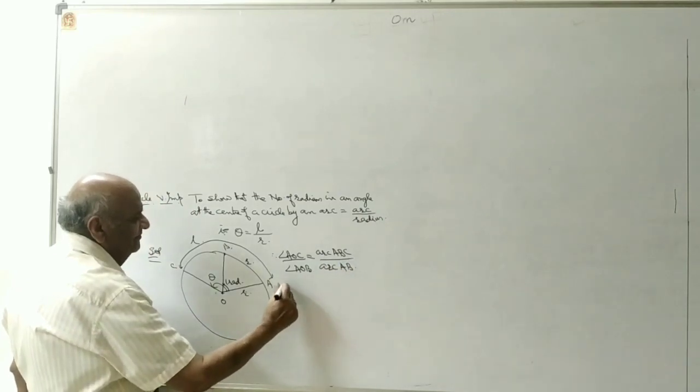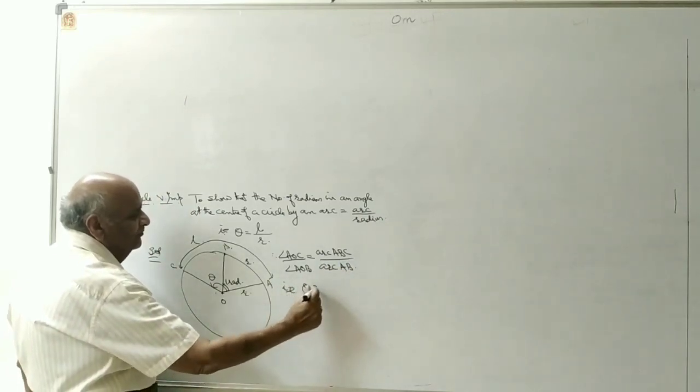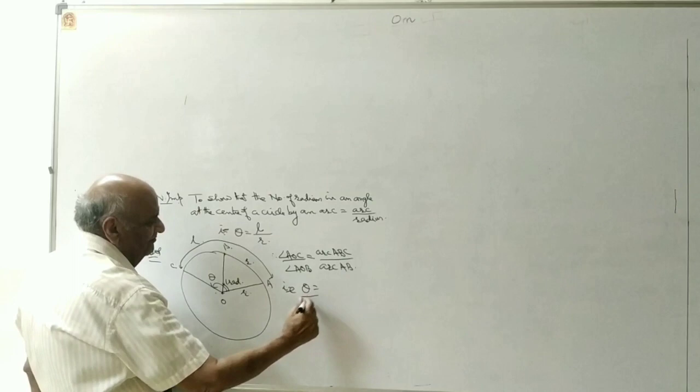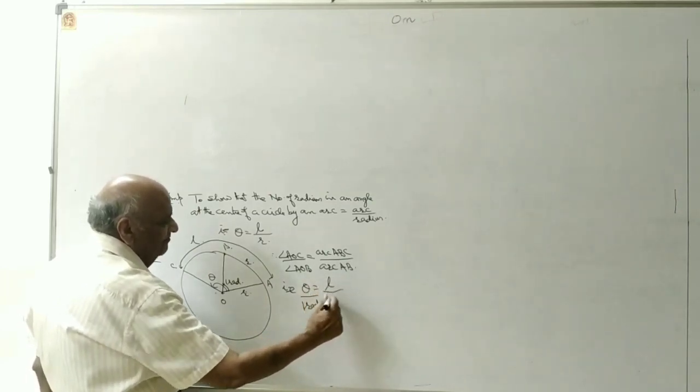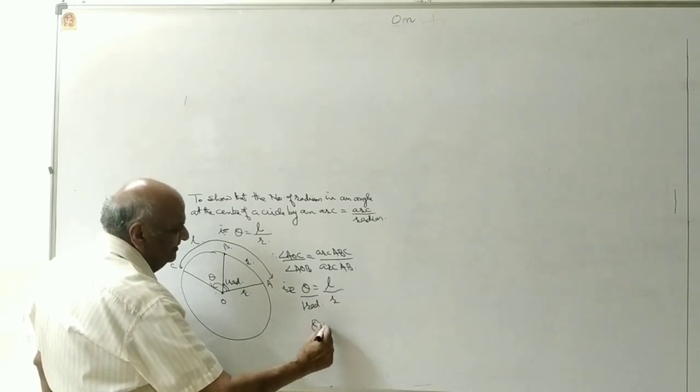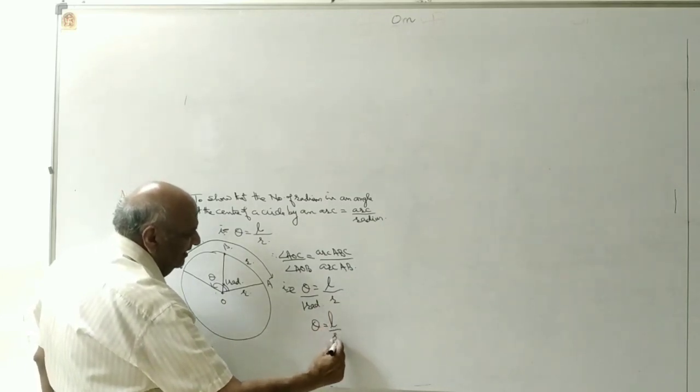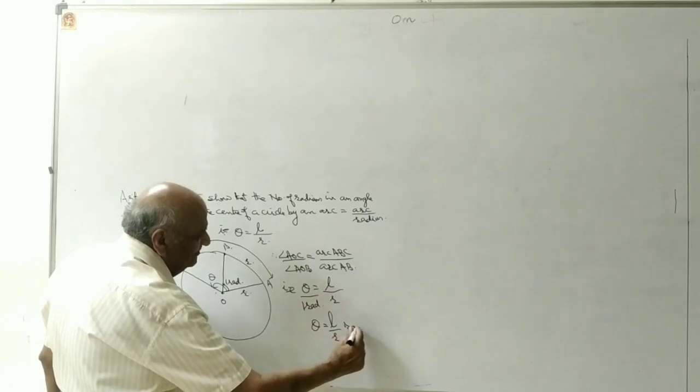That is, theta upon 1 radian is equal to L upon R. That is, theta becomes equal to L upon R radians.